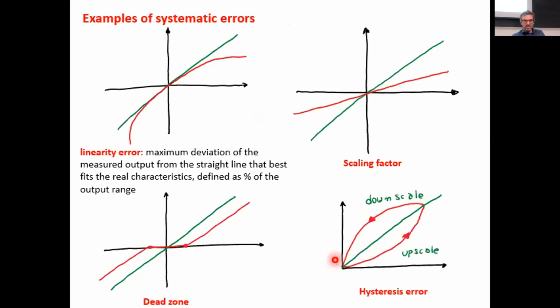And then the last one is the hysteresis error. For example, you have hysteresis when you have elastic materials that exert a certain force if you compress, and another one if you release. So a different behavior in the up range and in the down scale. It's also related to a lag, a delay between input and output.